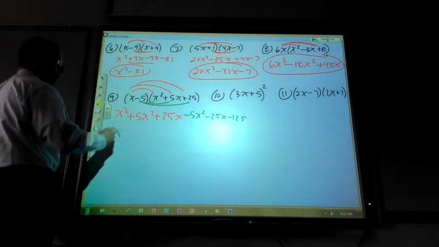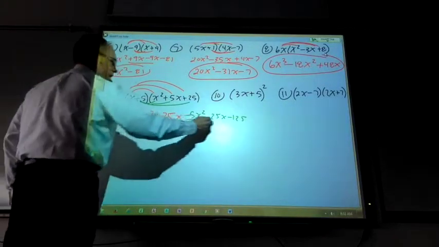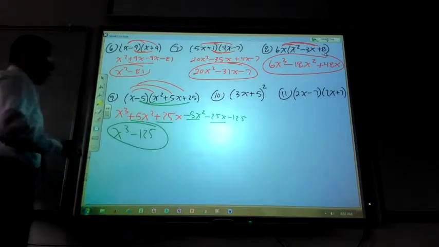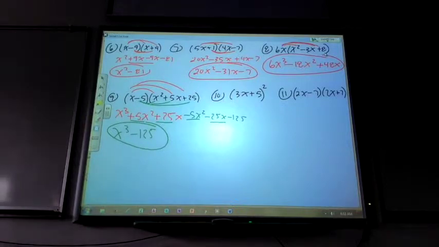So let's see, x to the third. That and that cancel out. That and that cancel out. That's actually known as the difference of two cubes right there, but we're not there yet.